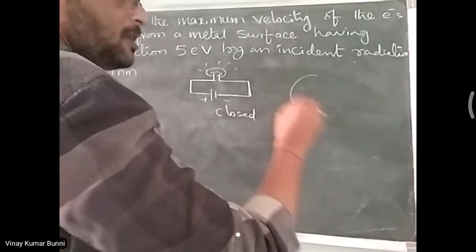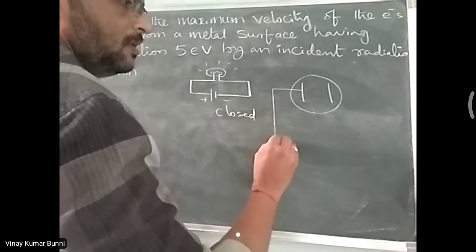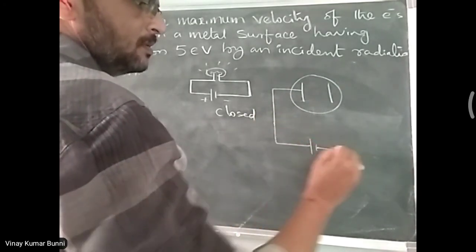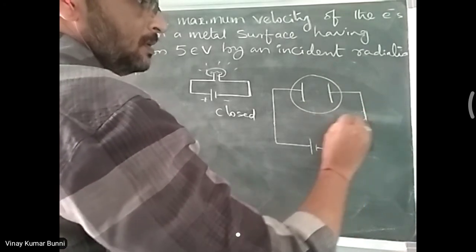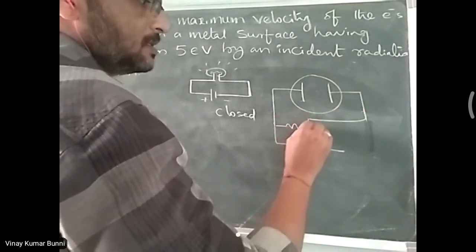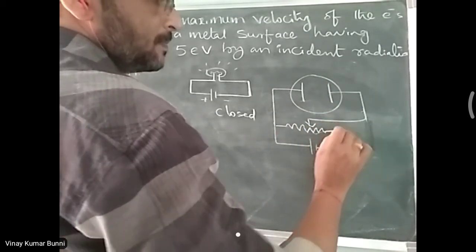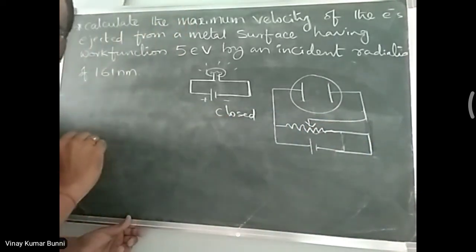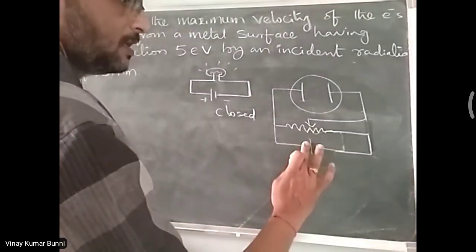But in the evacuated quartz tube it is placed like this one, and this is shown here, and this is the experimental setup. This is RH, and we know the metal plate A is connected to negative potential.